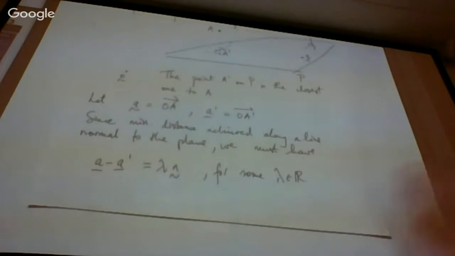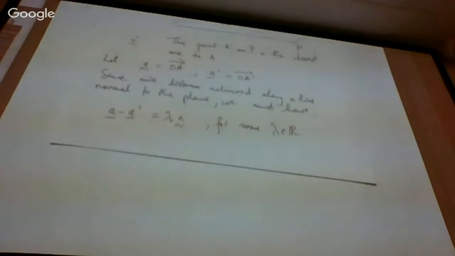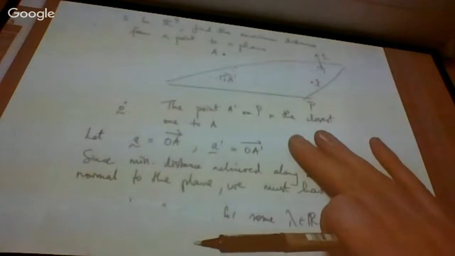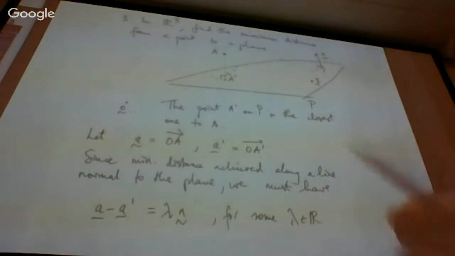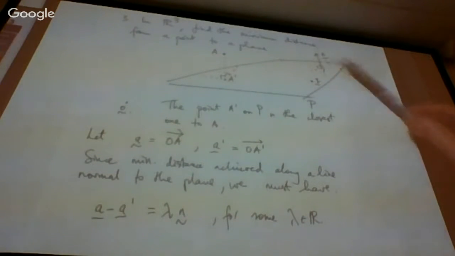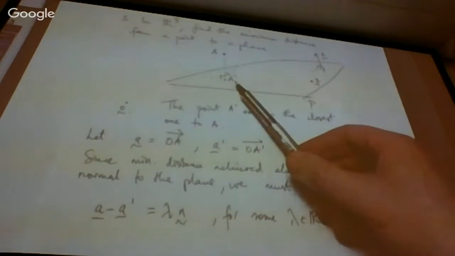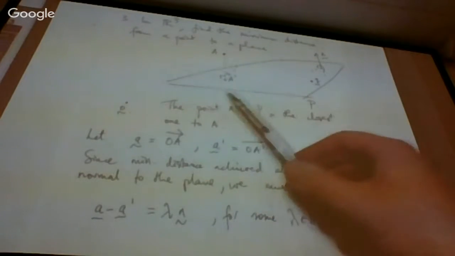So we want to find lambda. You see, n is known to us. N is part of the specification of the plane. So in any setup of a problem like this, n would be known, and the point A would be given. We're looking for this minimum distance. The thing we don't know, or are trying to obtain, is the point A prime.